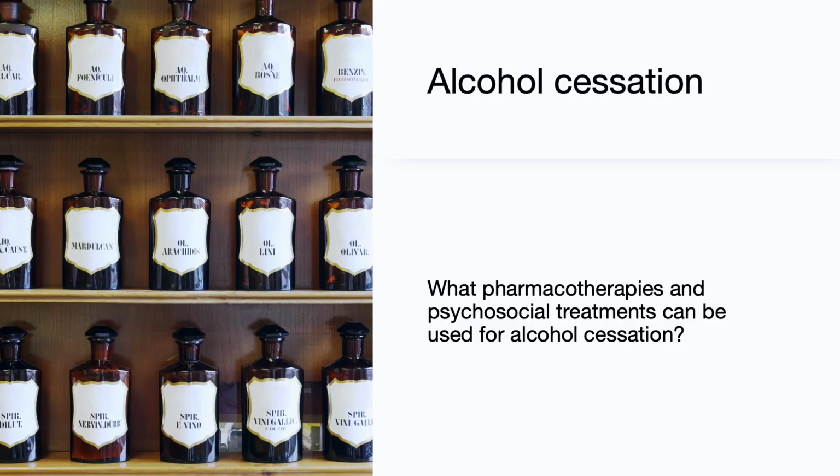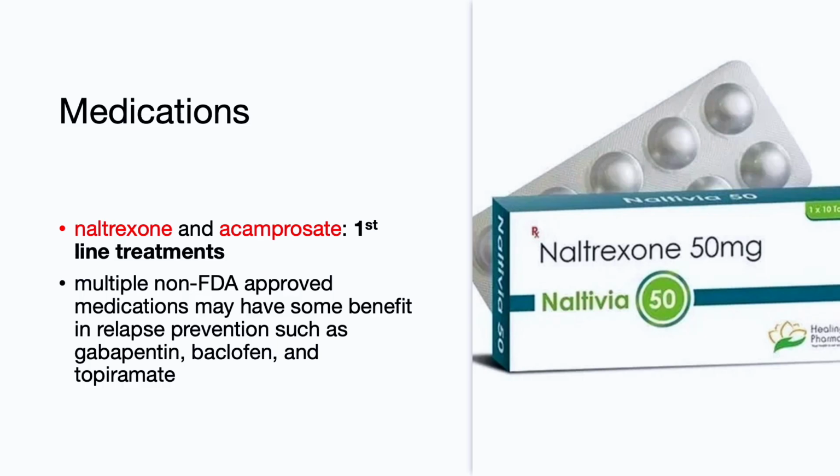What pharmacotherapies and psychosocial treatments can be used as part of alcohol cessation regimen? FDA-approved medications for relapse prevention in patients with alcohol liver disease are naltrexone and acamprosate and are considered first-line treatments. Multiple non-FDA approved medications may have some benefit in relapse prevention, and this includes gabapentin, baclofen, and topiramate.